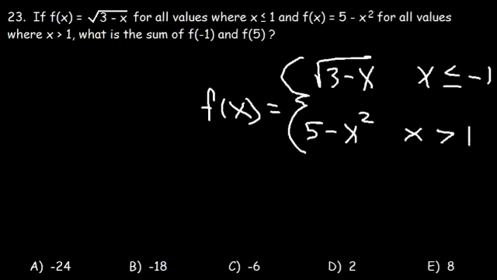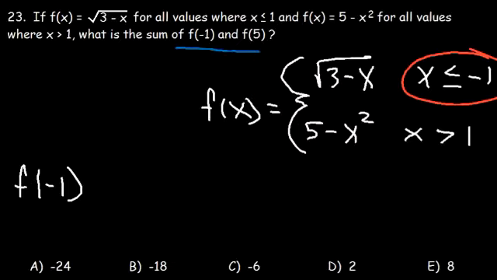So the goal for this problem is to find the sum of these two function values. So let's start with f of negative 1. If we want to find out the value of f of negative 1, should we use the first equation or the second equation? So when is x equal to negative 1?